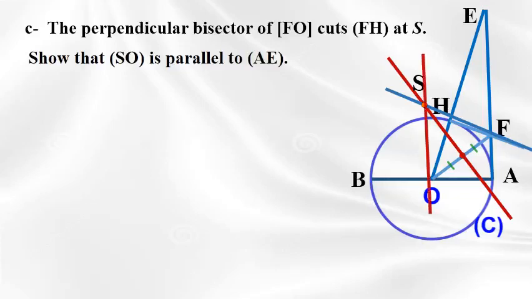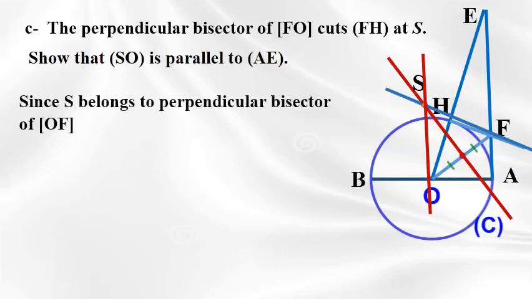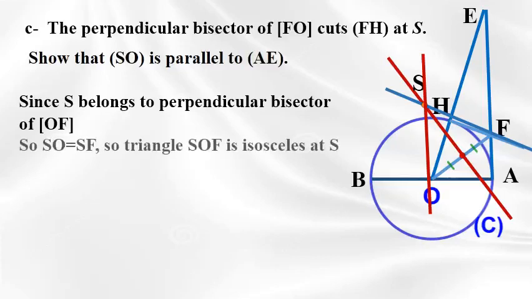So now we have to show that SO, the side from S to O, is parallel to AE. Since S belongs to the perpendicular bisector of FO, SO is equal to SF.